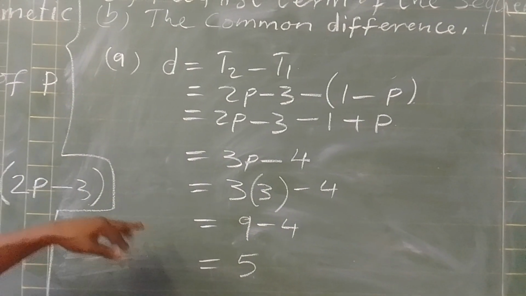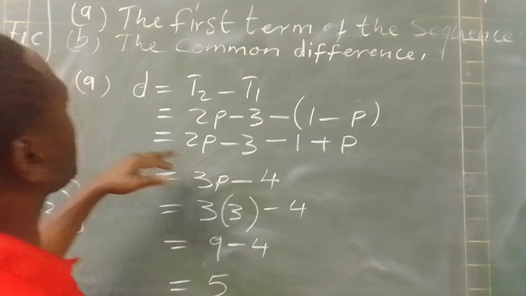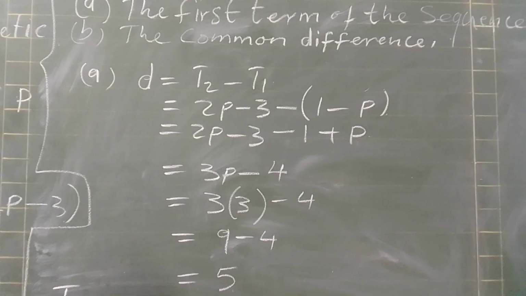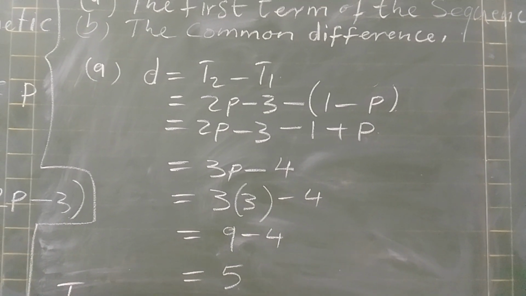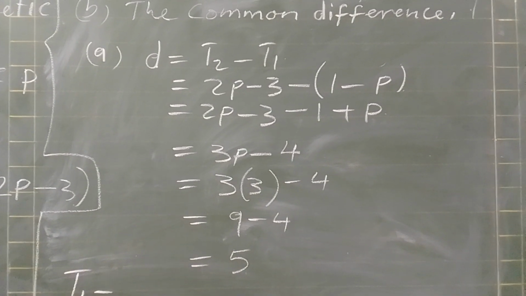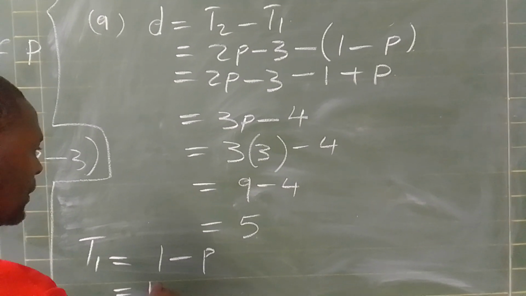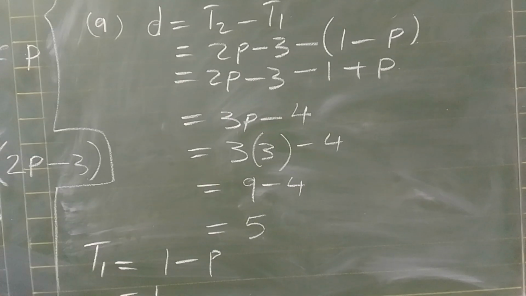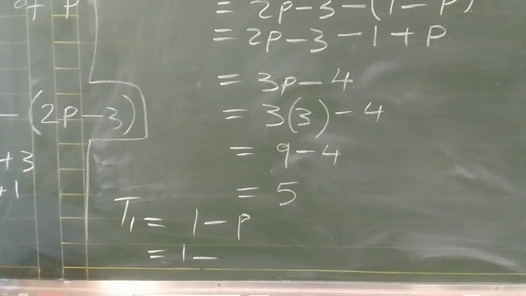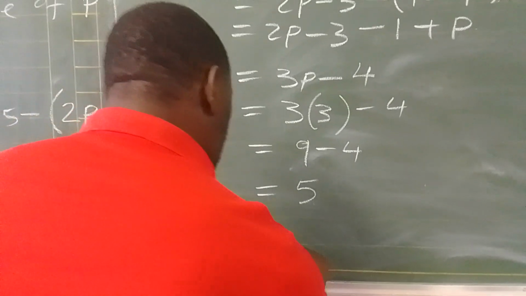Now the first term of the sequence. The first term T1 is equal to 1 minus P. Your P is 3, so 1 minus 3, which is going to be minus 2.